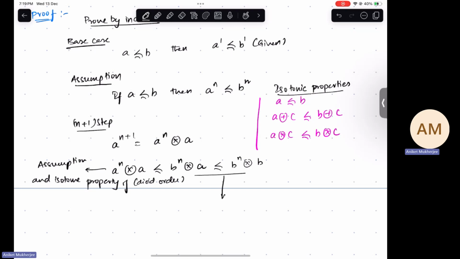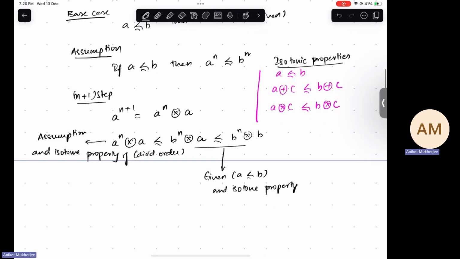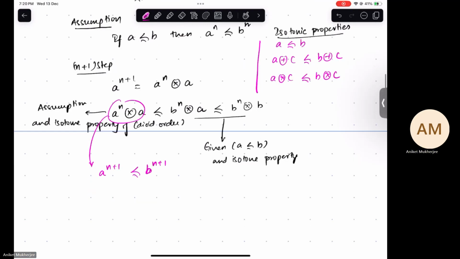So this part is from the given, A is less than or equal to B, and we know the isotone property. Right. So from these two, what you get is A^(n+1) less than or equal to B^(n+1). Right.